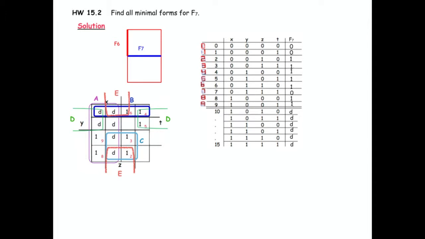If we don't spot, for example, E, is it okay? In this case, yes, it is okay because you actually don't need it, right? It's as if you think of different degrees of redundancy. It does exist. It does count a little bit because it is not entirely within any other prime implicant.